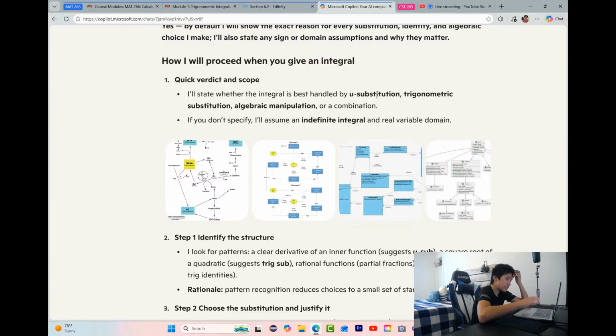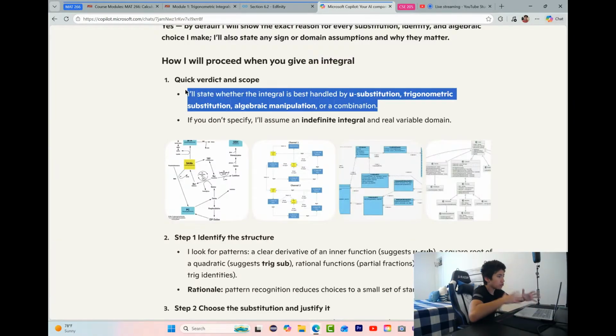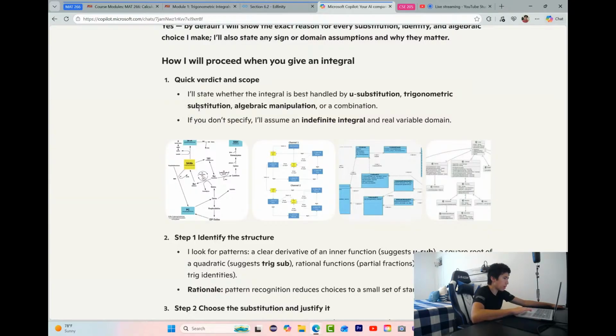I think this is super important because I see that the algebra, the integral part, just solving the integral with the power rule, is the easy part. I already know how to do that. It's just a computation. What we are looking at here is substitution, a combination of algebra and all of that.